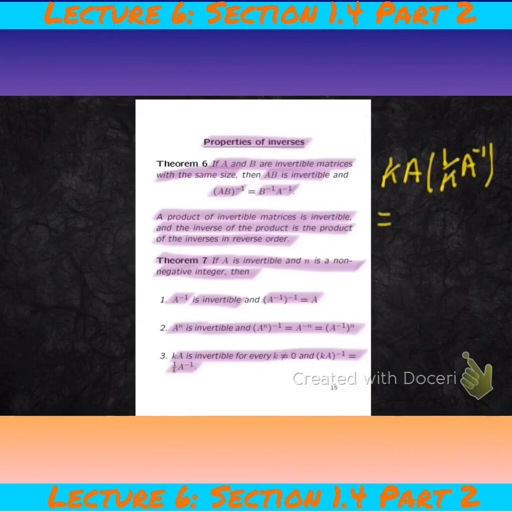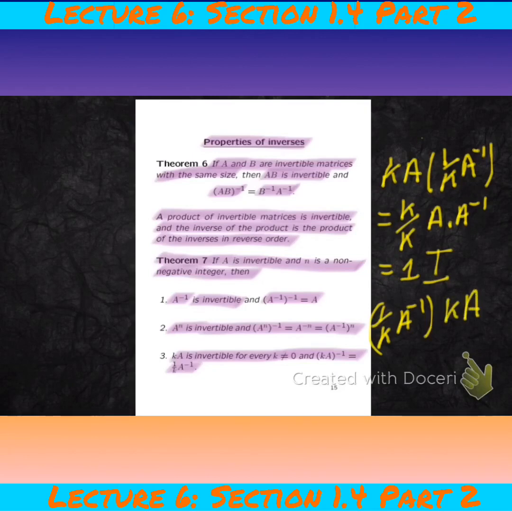You can play around with the scalars, you can rotate them. It's not going to be a problem. It's just the order of the matrices that you have to be careful with. So that's 1, and that is the identity matrix. And then you can also do it the other way around, which you must always check. So if you do that with kA, you're also going to get the identity matrix. Okay, so it is clear that those 3 properties hold.